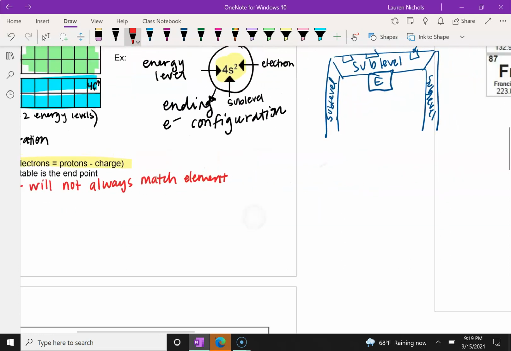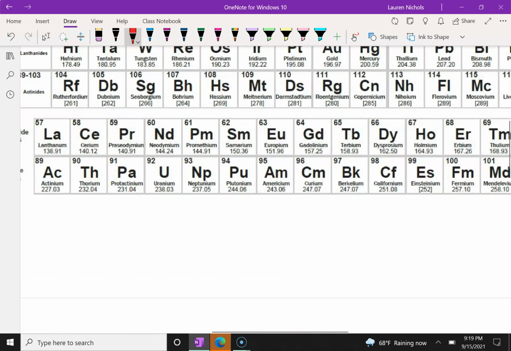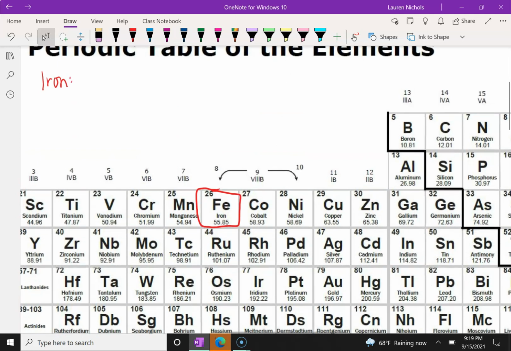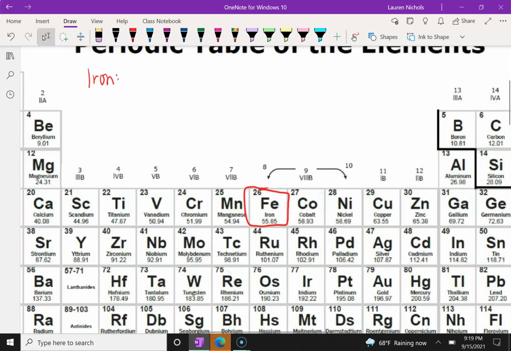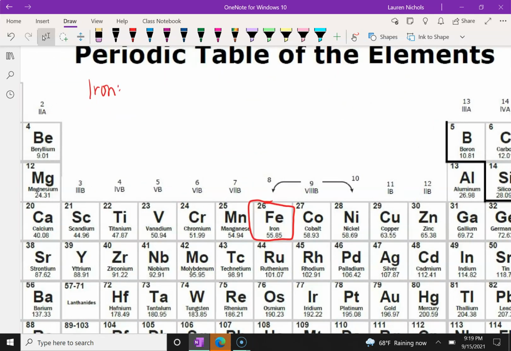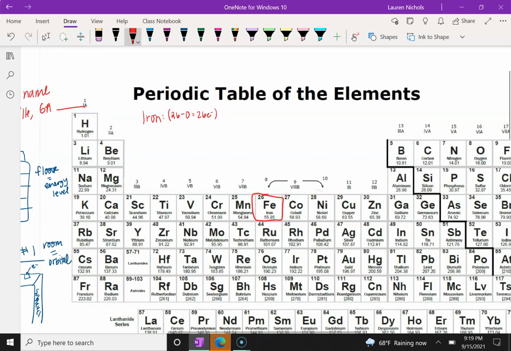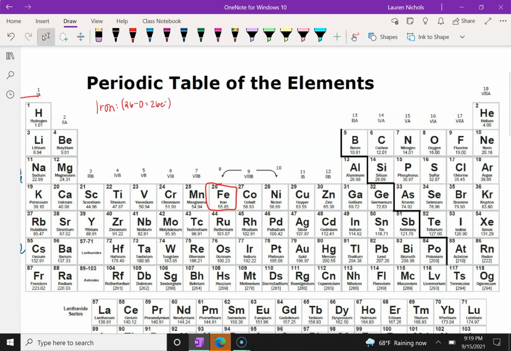So that means if my charge is 0, when I'm calculating my electrons, we know that since iron is number 26 on the periodic table, 26 minus 0 gives me 26 electrons. So because that's the case, iron is going to be my last box.